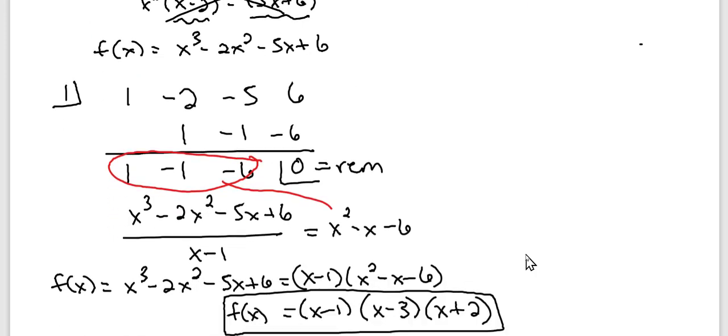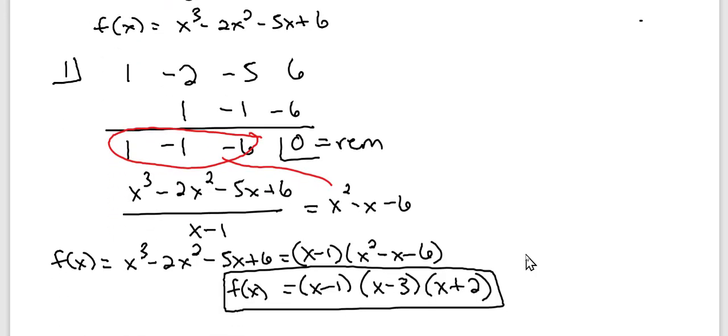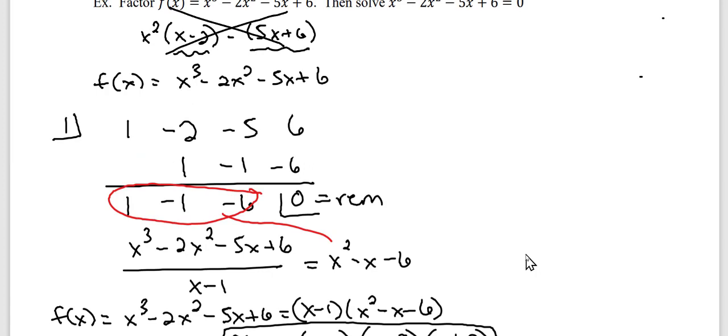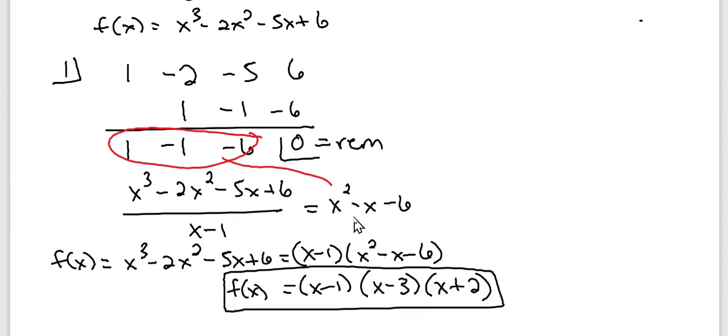So I hope you're starting to see the relationship between either long or synthetic division. I just find synthetic division easier. You can use that. If you get a remainder of 0 there, that means it works as a factor. x minus 1 would be a factor of this polynomial since we got remainder 0.